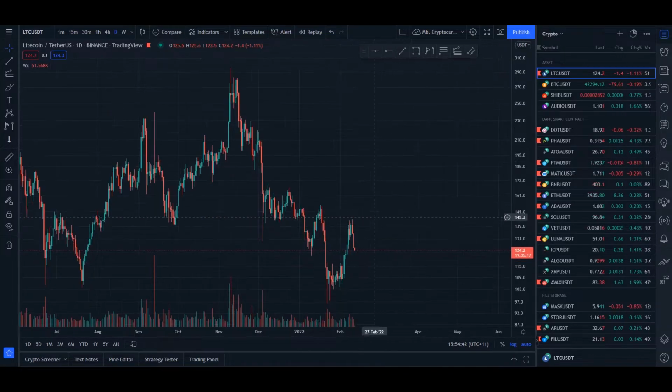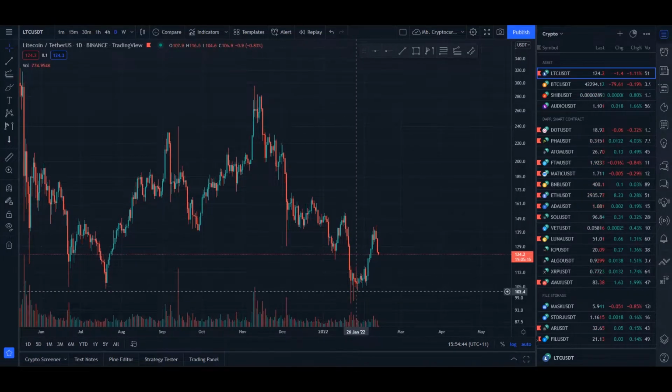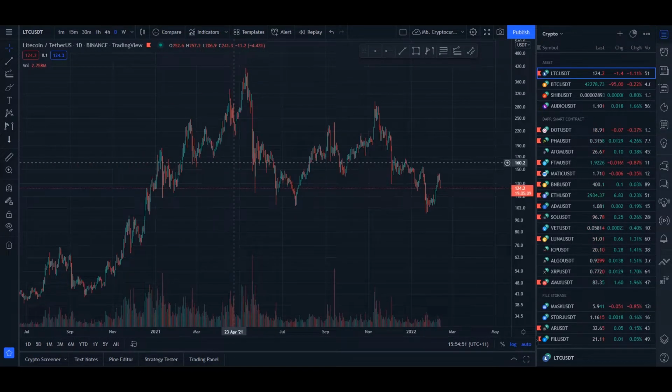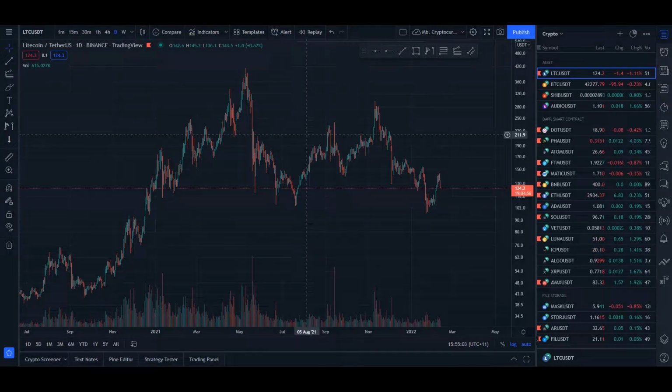For example, in this case, this $100 has a psychological effect. It kind of supports the price of Litecoin. If you follow social media, before the end of 2021, people were talking about the price being $100,000 by the end of the year. Why is that? Because $100,000 has a psychological effect.